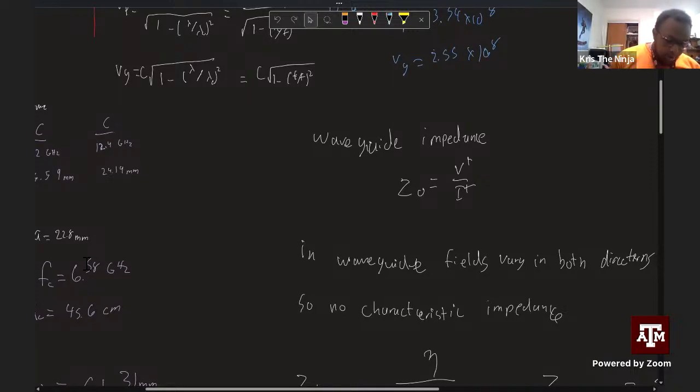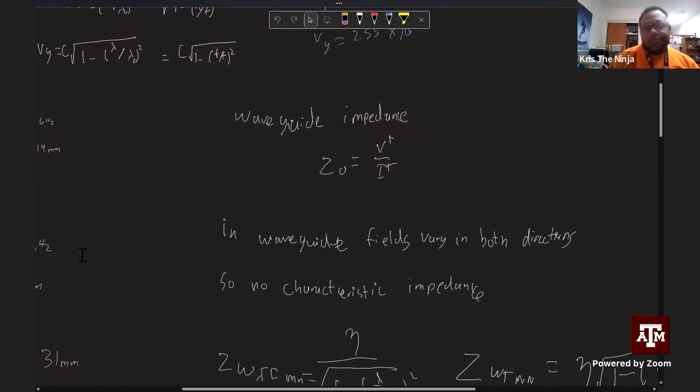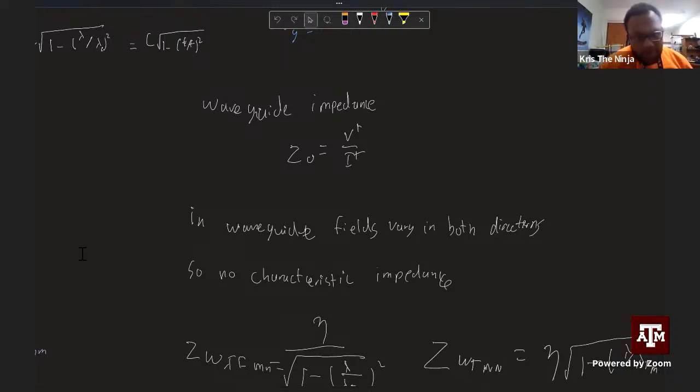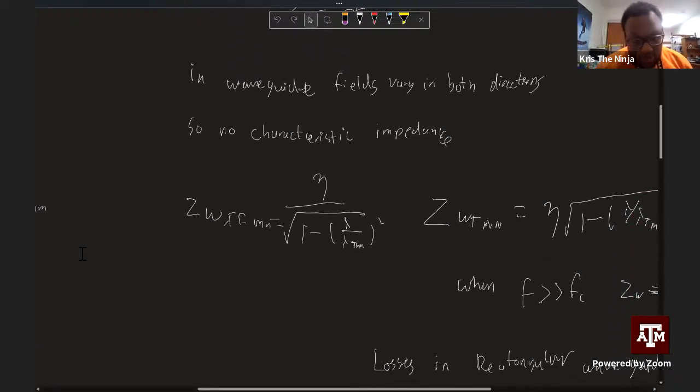your thing. For impedance, V equals IR, V equals IZ. Same thing as you've been seeing 1,000 times before. In waveguides fields vary in both directions. So there's no characteristic impedance.